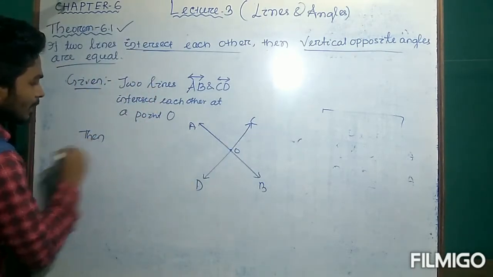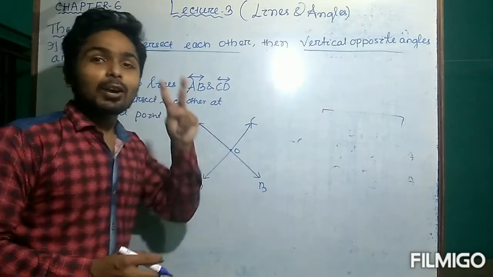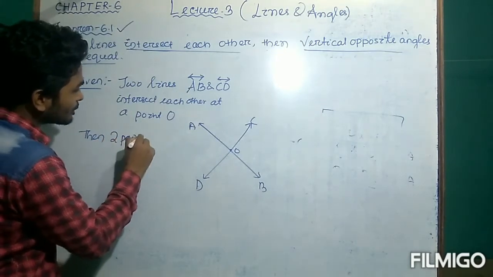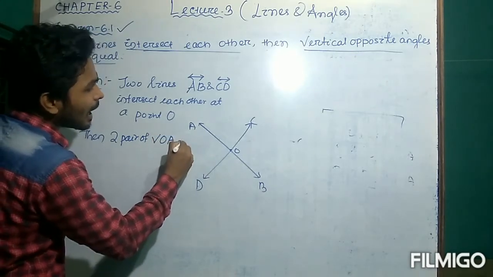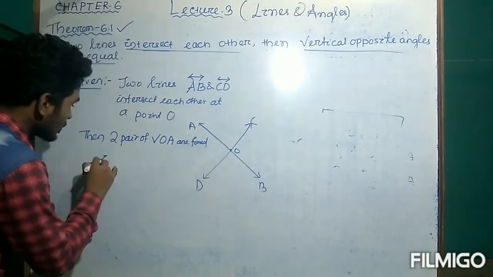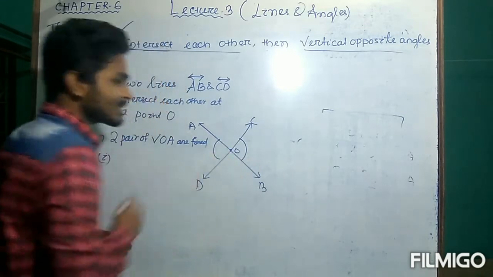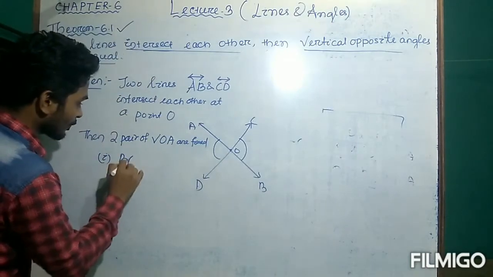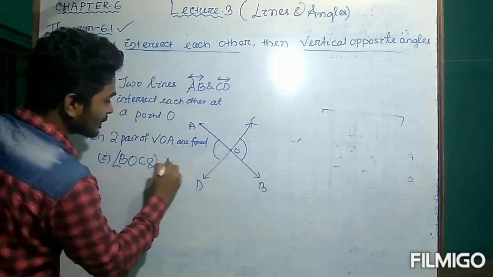Right? Then how many angles are formed? 4 angles are formed. Or you can write that two pairs of vertically opposite angles are formed. So write those vertically opposite angles. Now this angle and this angle are vertically opposite angles: BOC and AOD.